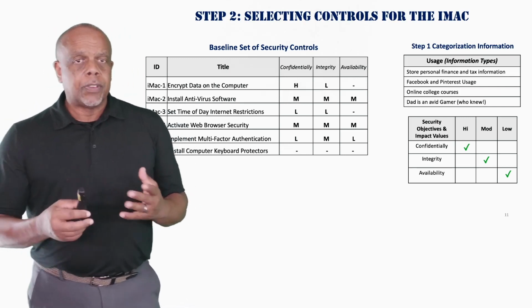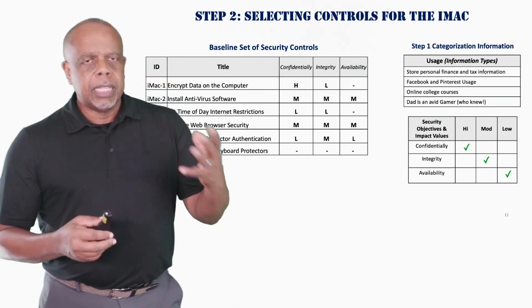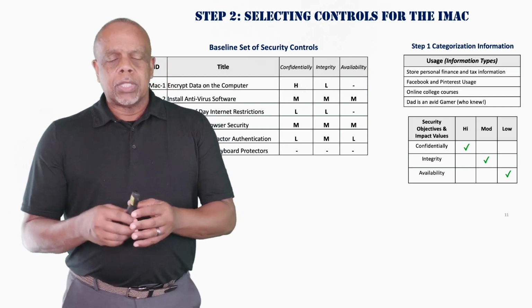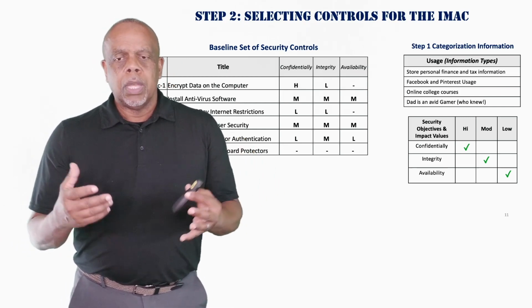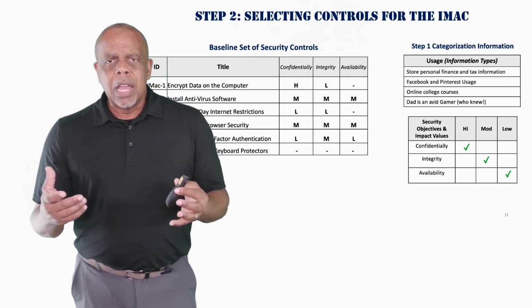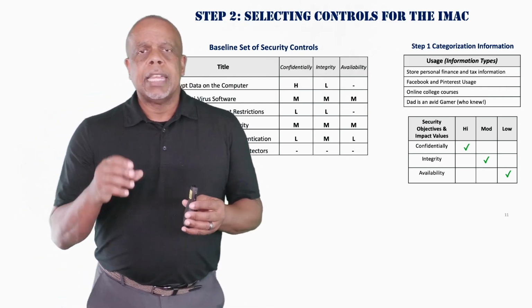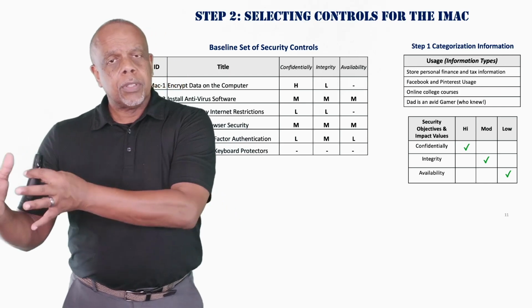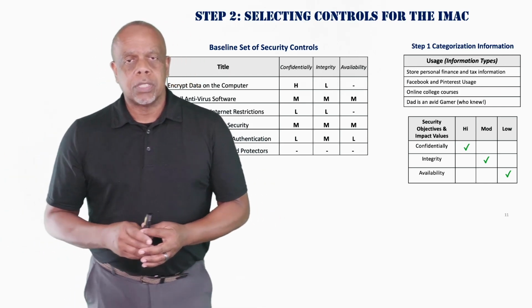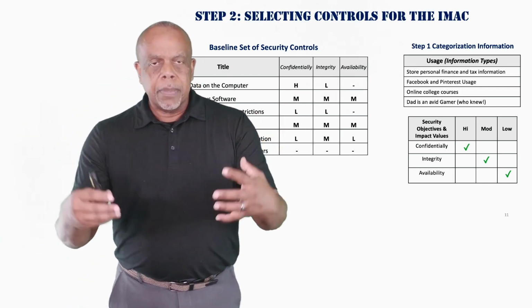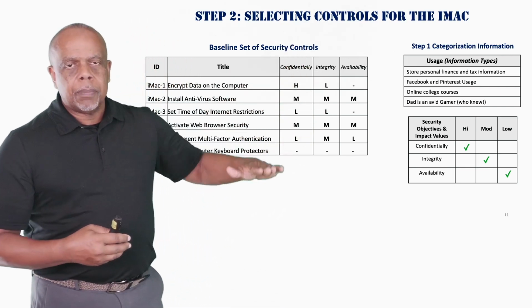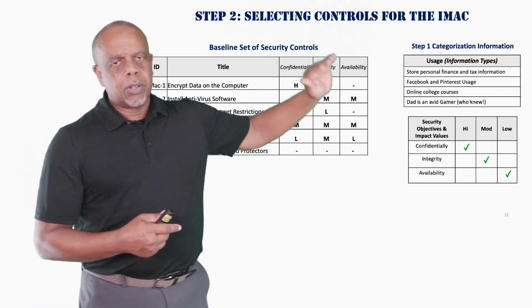Now, realistically, that is very similar to how they developed NIST 853, which is our standard set of controls that we use on non-classified systems, or CNSSI 1253, which governs classified information systems. A committee of individuals develops the list of controls. Now, there are many, many more.